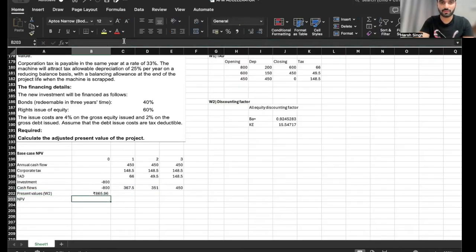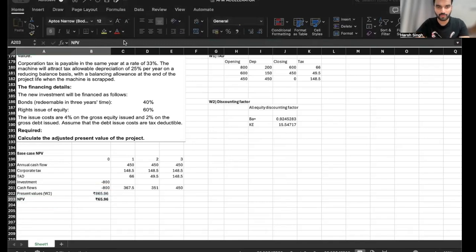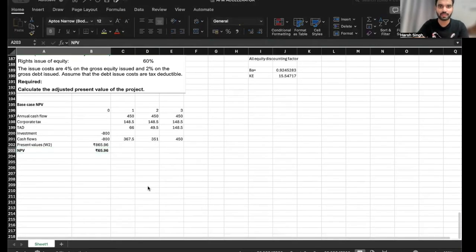Net present value will be equal to this amount plus this amount. So now the net present value is 65.96. Right now, this is the base case NPV. Still, we have to solve for other things, everyone.